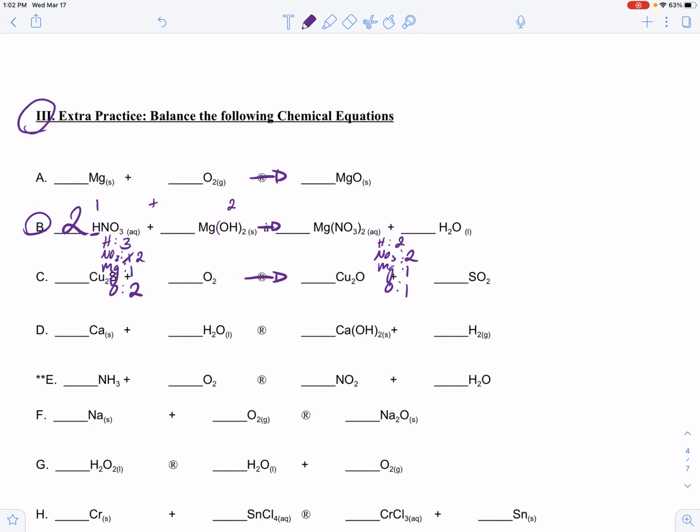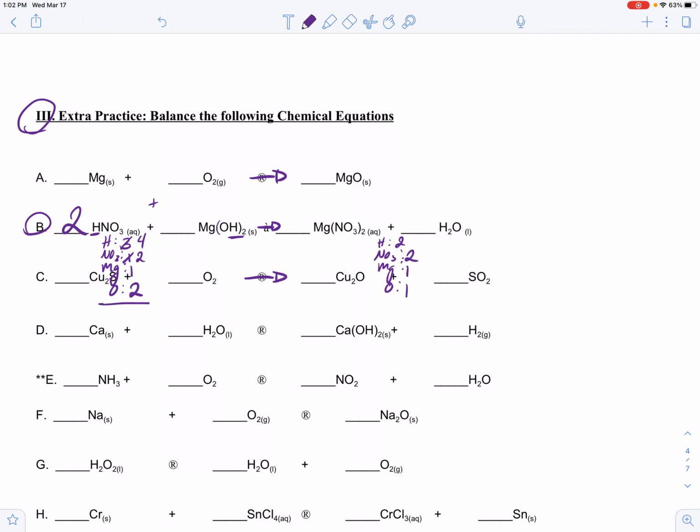But it also changes my number of hydrogen. So I used to have 1 hydrogen over here, but now I have 2 because I have 2 HNO3s. And I still have 2 hydrogen over here, so that gives me a total of 4 hydrogen. So I have 4 hydrogen on the left side, and I have 2 hydrogen on the right side. Again, I'm going to leave hydrogen for last if I can.